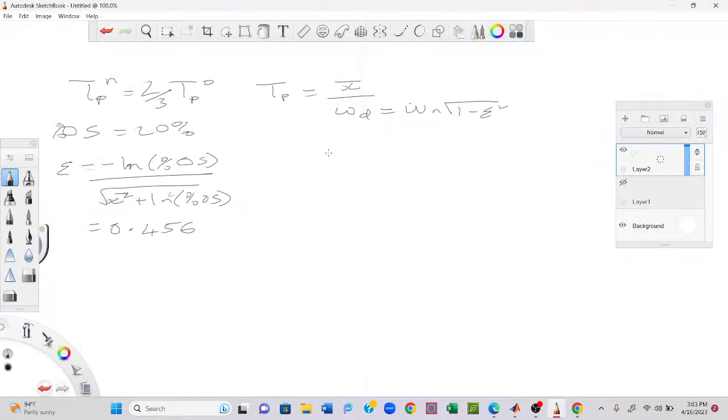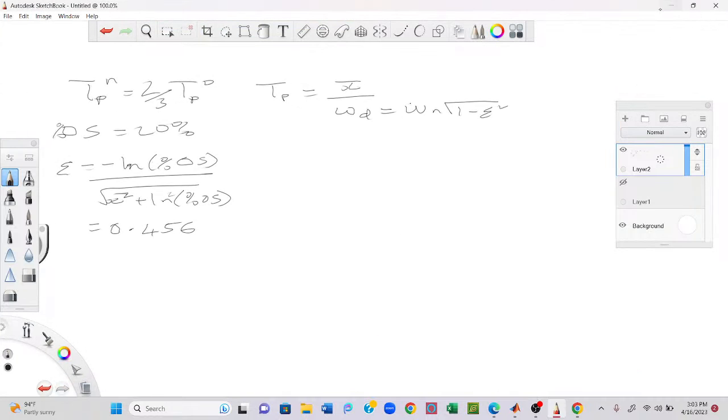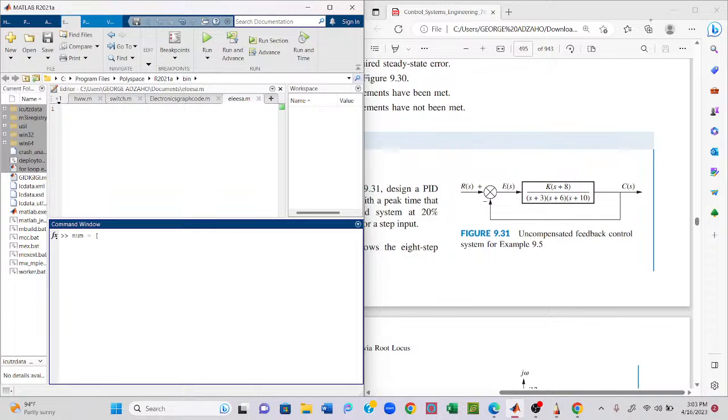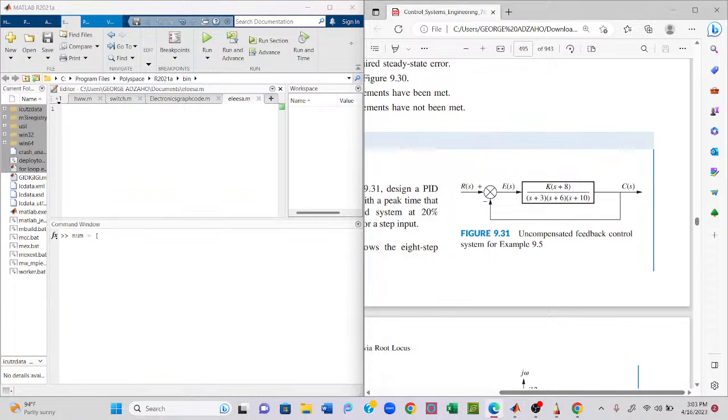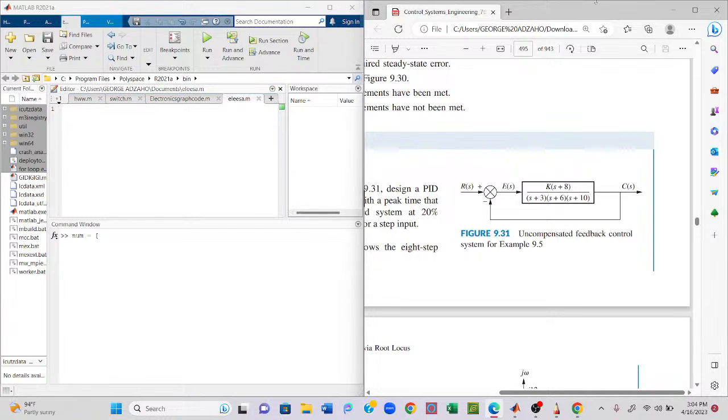For using that, you can either represent this in a square bracket and just write the coefficients of s. The coefficient of s raised to the power 1 is 1, plus the coefficient of s raised to the power 0.